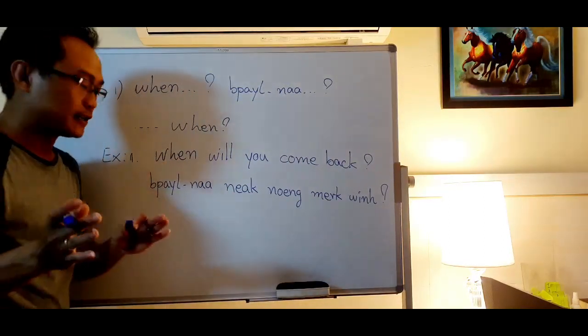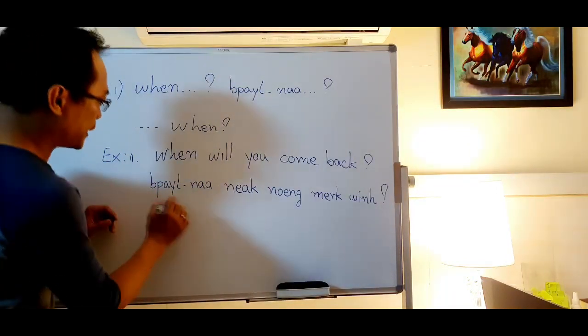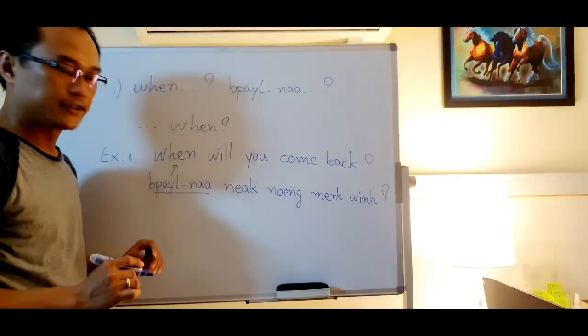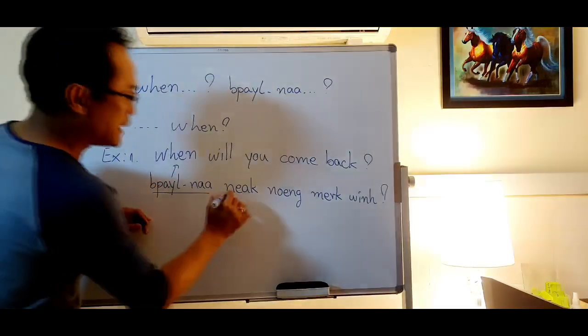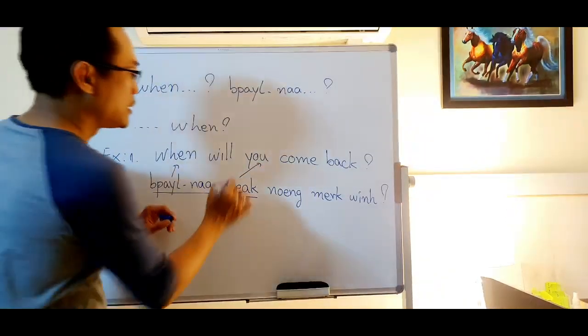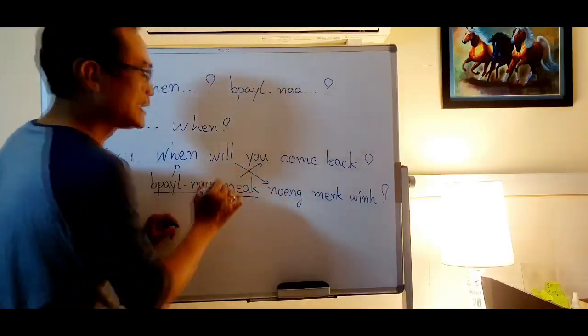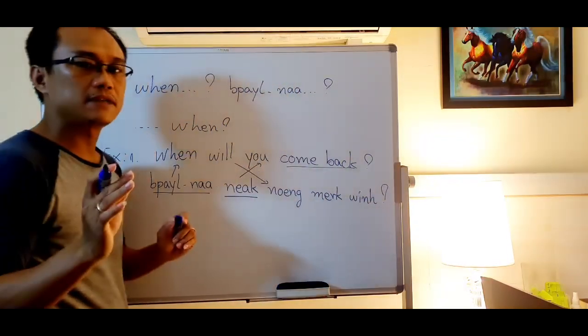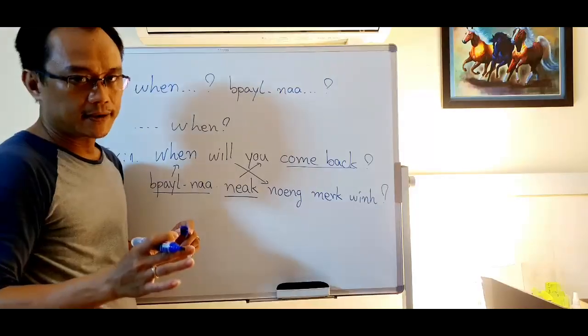And now let's learn word by word. Okay, so now pel na is "when." You see? Pel na is "when." Neak is "you." And "will" is nung. And then for the words "come back," in Khmer we say mok vinh.